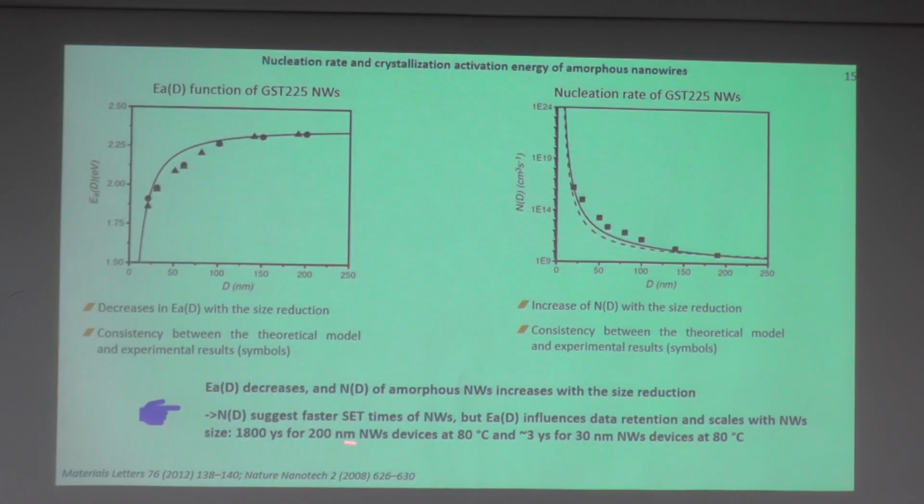So if it's 200 nanometer diameter, we have a stability of such objects of 1,800 years in a device at 80 degrees C, and only 3 years for 30 nanometers at 80 degrees C. So you see that this is actually not good for the device if the size is reduced, because our data retention is also reduced to fewer years than required. We need at least 10 years, so maybe in this range we can get the 10 years data retention.